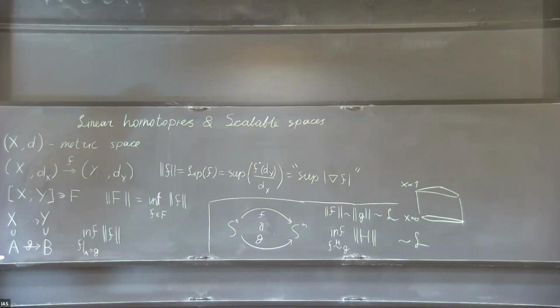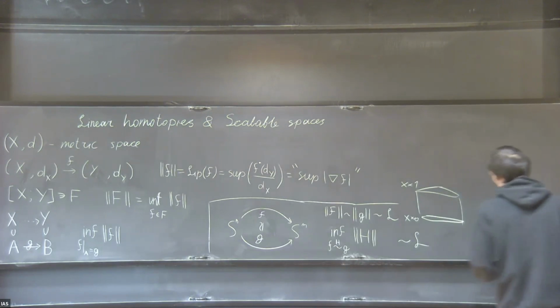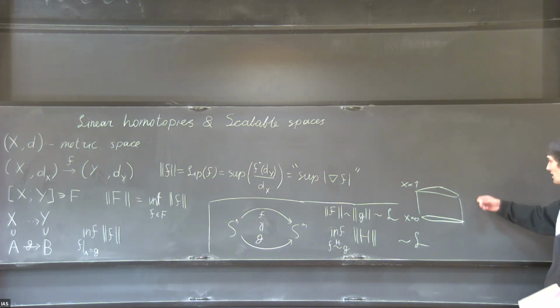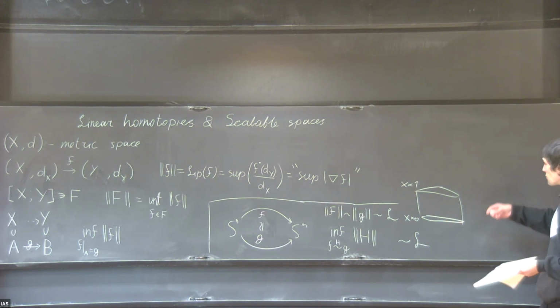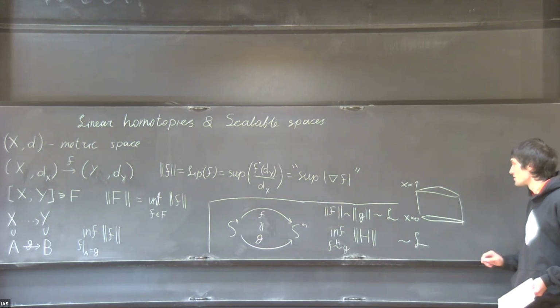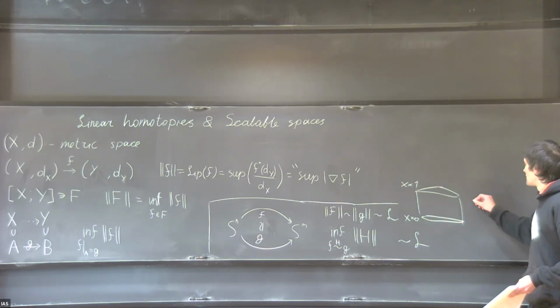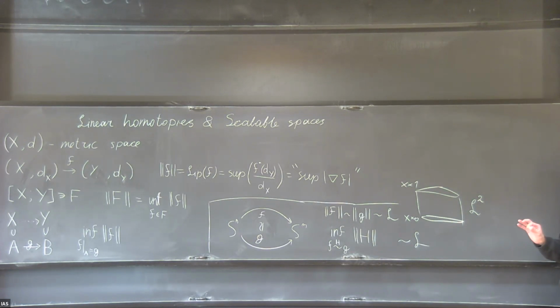Yeah, I think I should put it the other way around. It might be the case that you, for example, cannot build a homotopy that is exactly L Lipschitz, but say you can build a homotopy that is L squared Lipschitz.